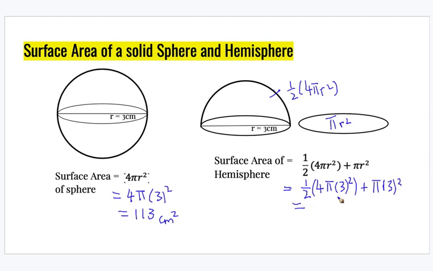This actually works out to be 3 pi r squared, and that is 84.8 cm squared.